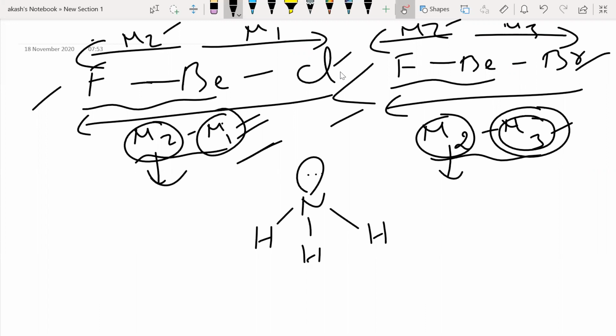Obviously, three NH bonds are there, and we know towards what the dipole moment is going to point. The dipole moment is going to point towards nitrogen, because that is more electronegative. So one dipole moment towards this side, another this side, another this side. These are the three dipole moments.